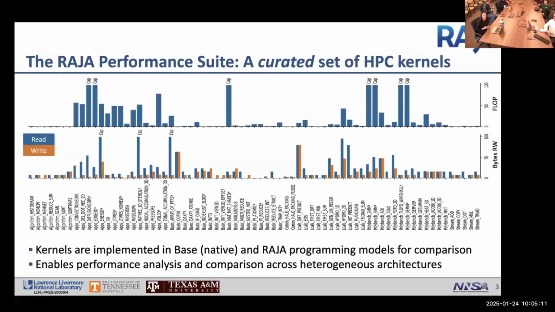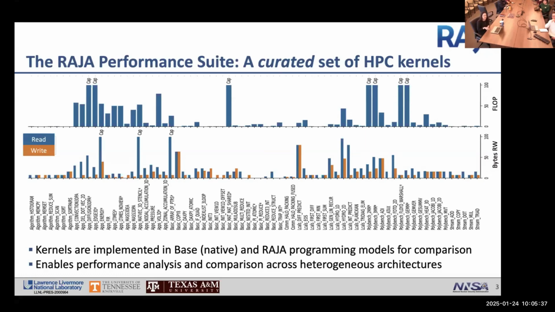So that brings us to the RAJA Performance Suite. What's really important is being able to ensure that when you write your application with these single source performance portability models like RAJA, you're getting all the performance that you would expect on your new architecture. So the RAJA Performance Suite is a curated set of HPC kernels that allow this comparison as you move architectures.